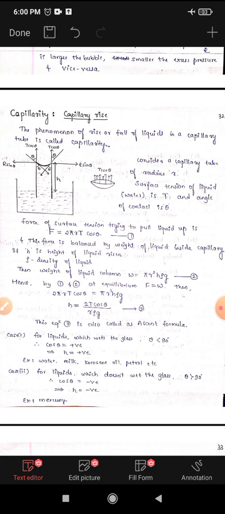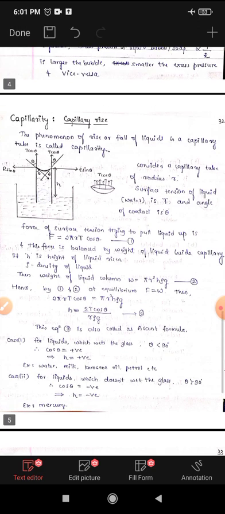So the force of surface tension is trying to pull the liquid up inside this capillary tube. The force due to the surface tension is F equal to 2 pi r T cos theta.